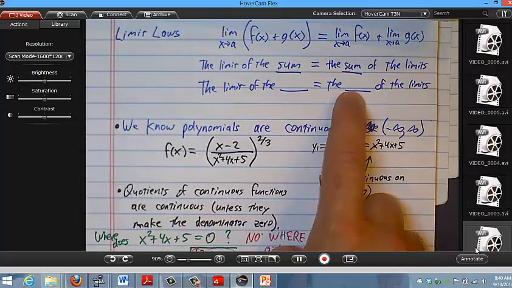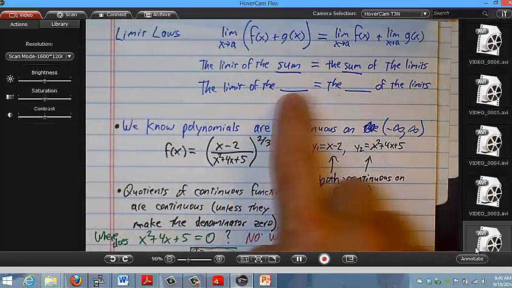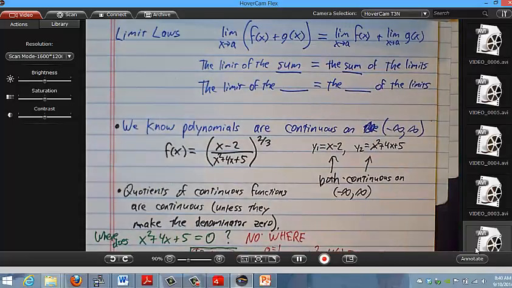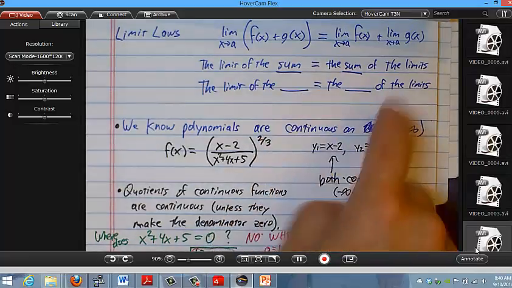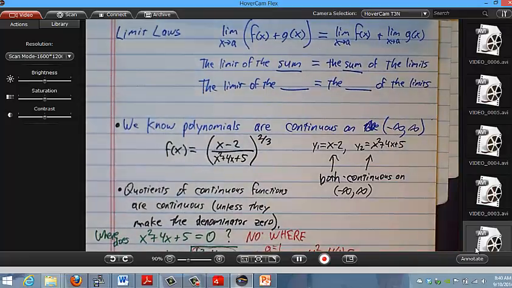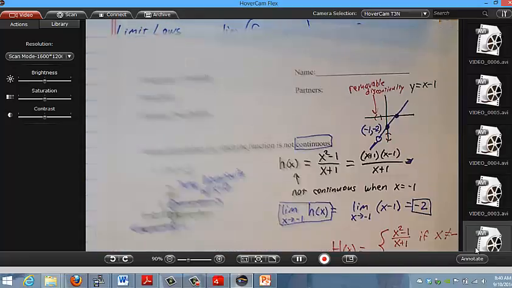It turns out in Calc 2, the limit of the limit doesn't always equal the limit of the limits. What I'm saying is this: if you have 2 limits and you try to switch the order, sometimes you get in big trouble. But we're not doing anything with 2 limits at this point. And I don't know if you'll actually get it. Depends on your Calc 2 teacher. But it comes up eventually. So for us, let's just say the limit of the blank is the blank of the limits, and we're in good shape. And so now I'm ready to talk about that group work problem.